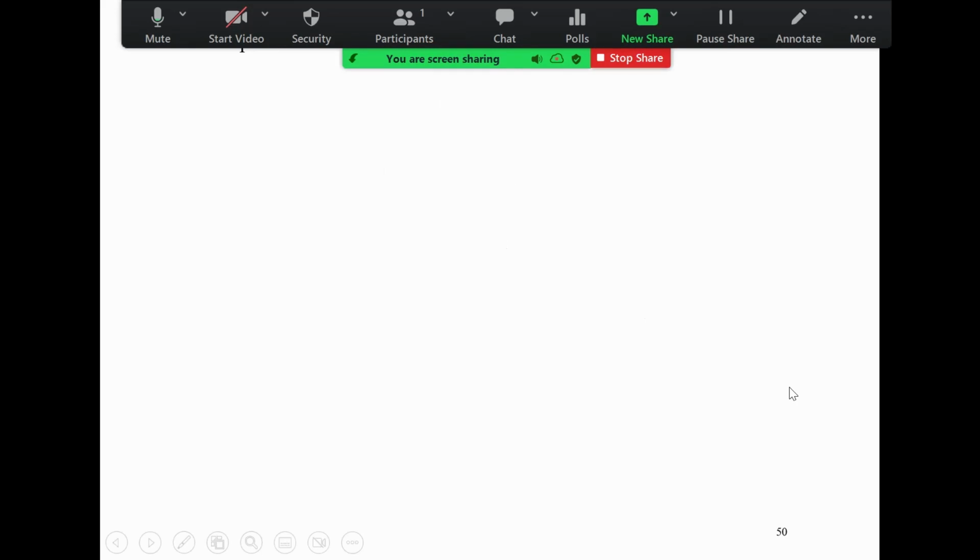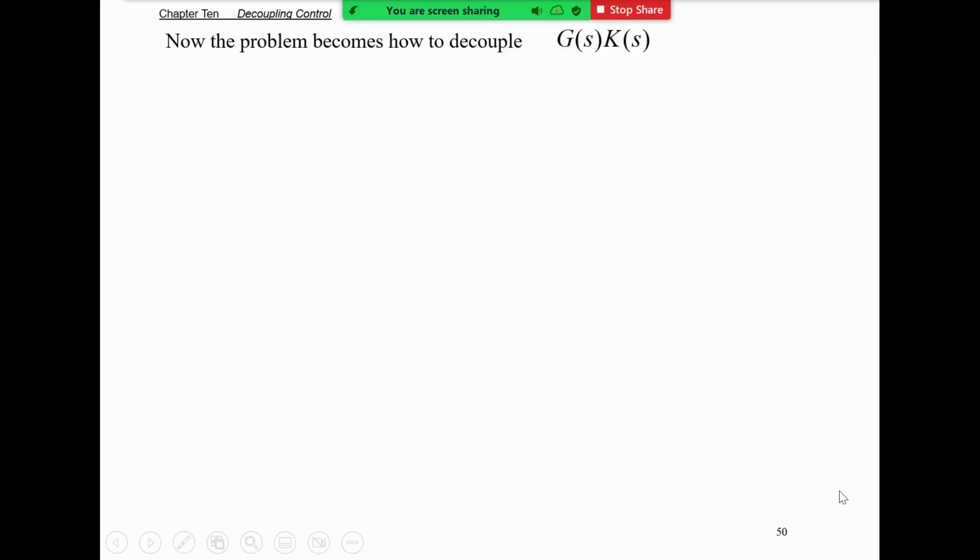So the problem becomes: you have a transfer function matrix G, and you design another matrix K such that G times K is diagonal. Now, from linear algebra, you may quickly come up with one solution.